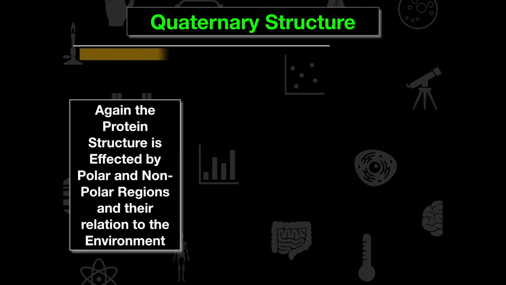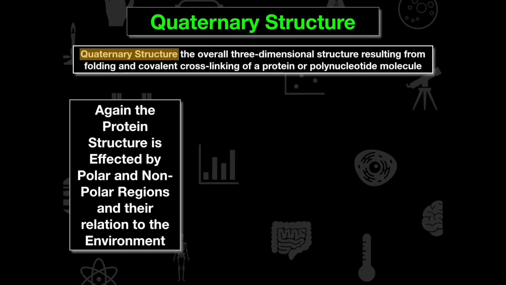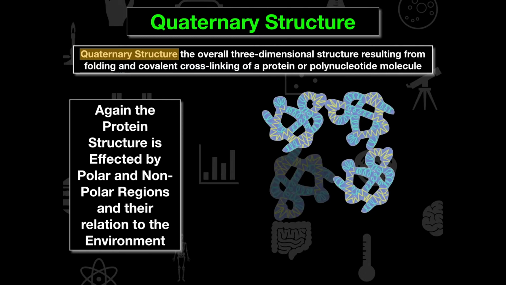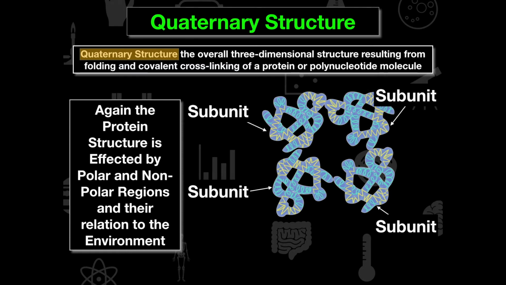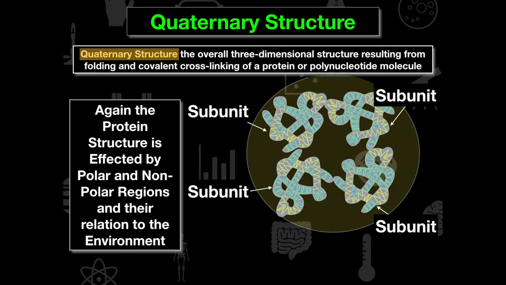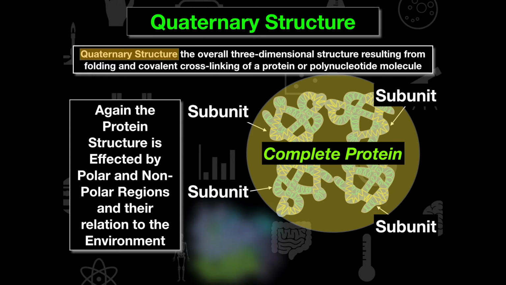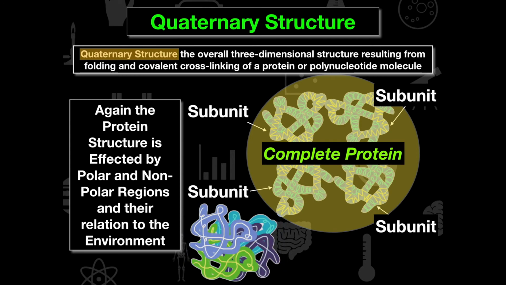Now, quaternary structure is going to be, again, an overall three-dimensional structure, but now we're talking about the whole protein. And this is also going to be affected by polar and non-polar regions and their relation to the environment. So we can see subunits here that now are bonded together, and this entire complex is what we call a protein. So when we're talking about quaternary structure, we're really describing the complete structure of that protein.